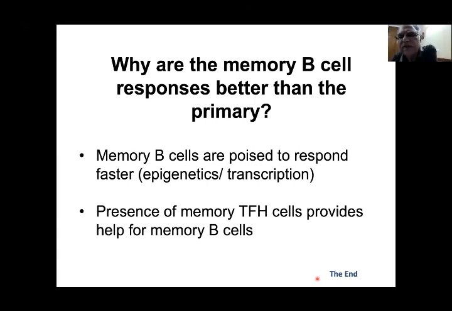Why, during class switching, do the antibodies go from high avidity isotypes to low avidity isotypes? When you go from IgM, which is high avidity, to IgG, it goes to low avidity. That is true.